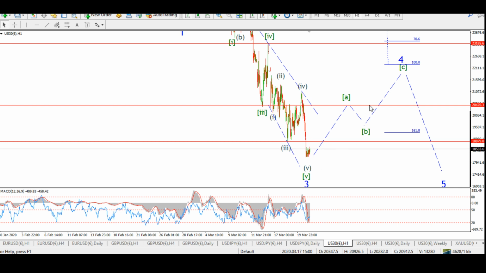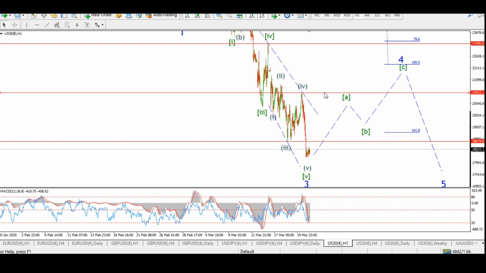And that wave 4 has the potential to push back above 20,000 again, so maybe up towards 22,000. It could be a pretty rip-roaring rally. And given the extreme negative sentiment that's everywhere at the moment, that does align well with a counter-trend rally.